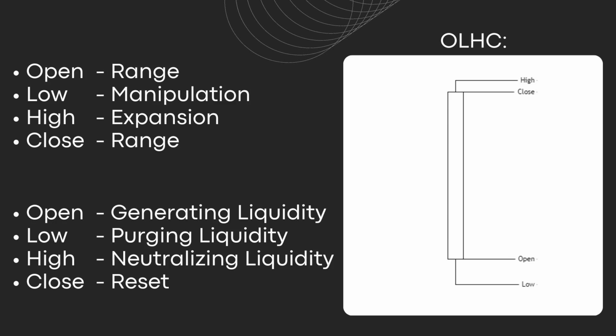Similarly, when the month starts or the monthly candle opens, it spends about the first week generating liquidity for the rest of the month for monthly range expansion. Similarly, when a 4 hour candle opens, the first hour is more often than not spent generating liquidity in the form of a range, and it usually ranges at the opening time. That's what you need to remember.